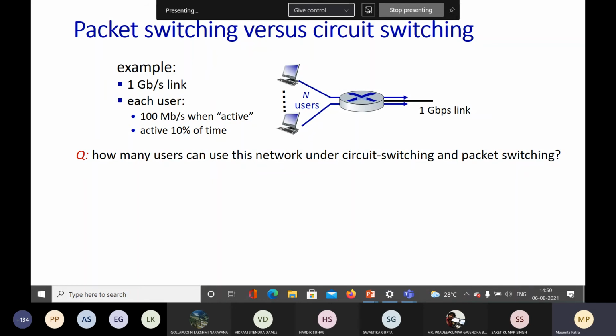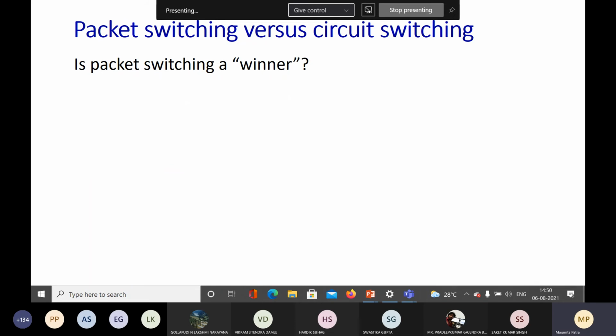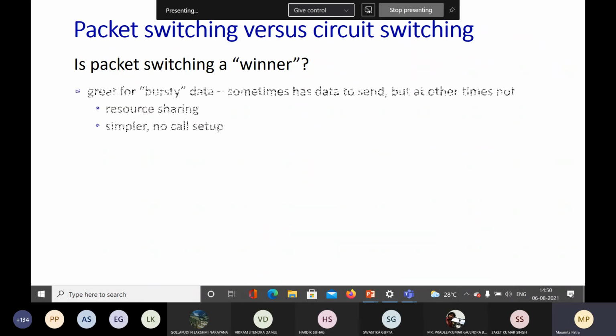That is why some people will say that yeah, I will choose packet switching over circuit switching in this kind of network. So if I say so, is packet switching always going to be better? That exactly is not the case. So where is packet switching good, and where is circuit switching good? That is what we need to find out.